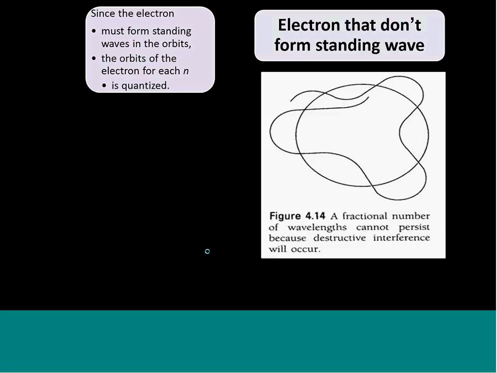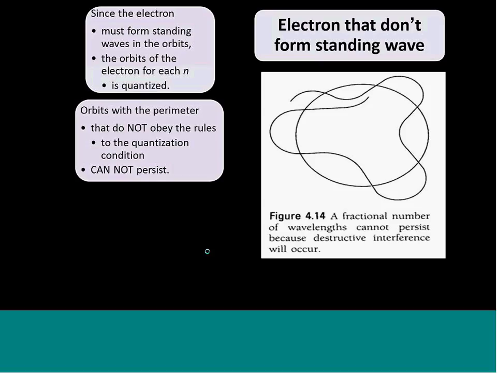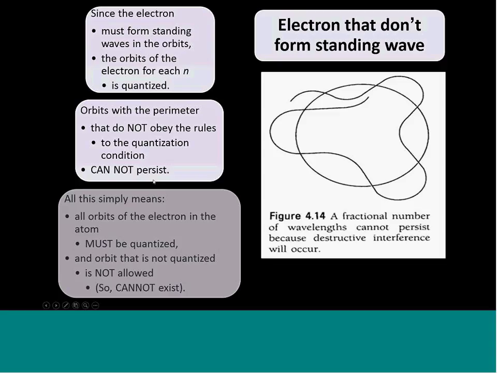Again, the electron must form a standing wave in the orbit. Orbit with the parameter yang tidak mematuhi rotation condition cannot proceed. So this means all of the electron orbits in the atom must be quantized. Kalau dia tak boleh dikuantisaskan, that means it's not allowed.